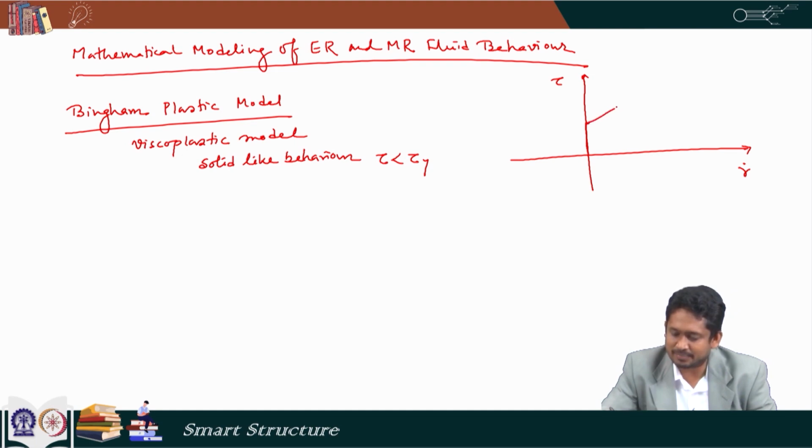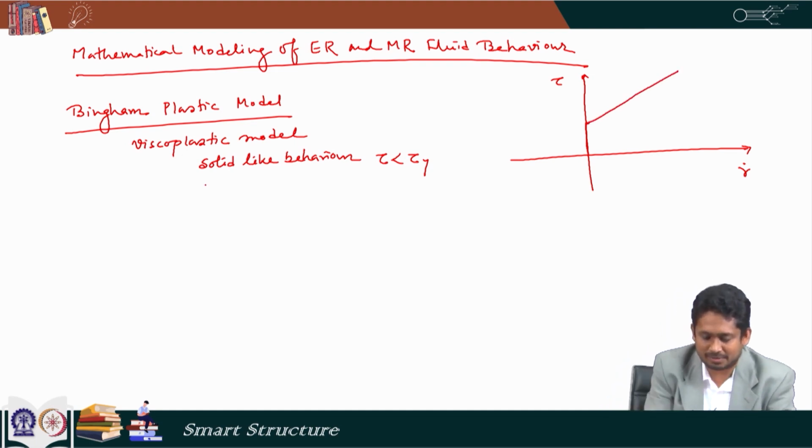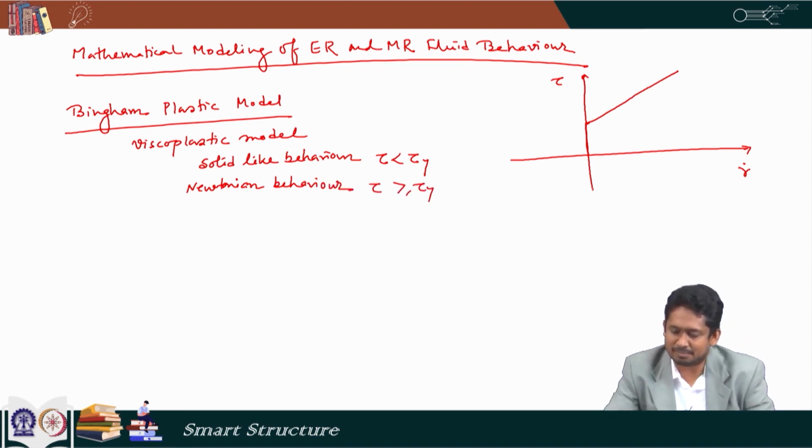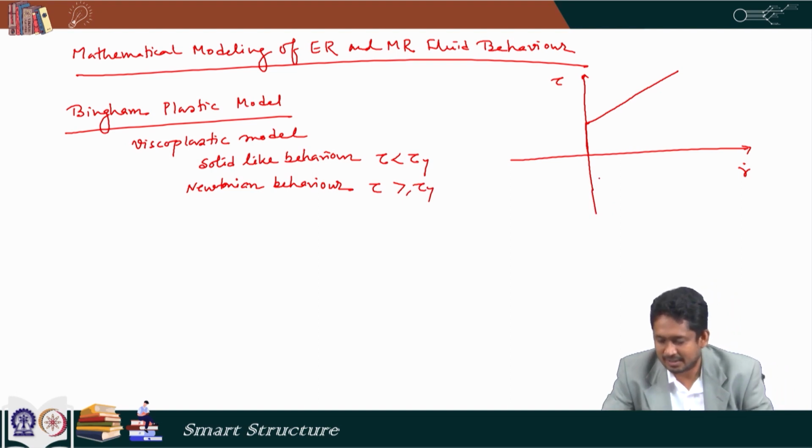After tau y it is a Newtonian fluid-like behavior, so Newtonian behavior when tau is greater than or equal to tau y. This is the same diagram that we drew while discussing the yield phenomena, and on the negative side also it is the same thing.